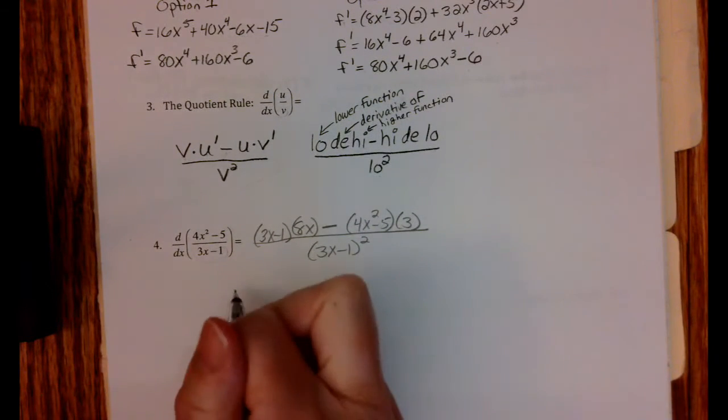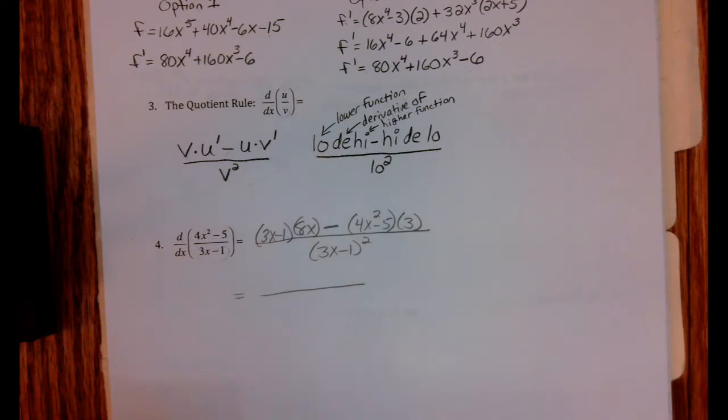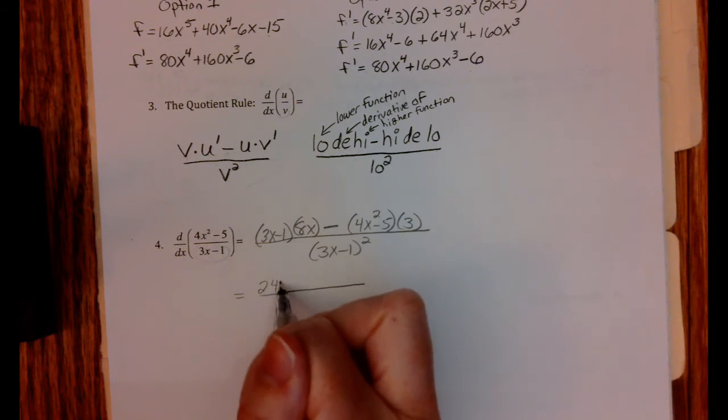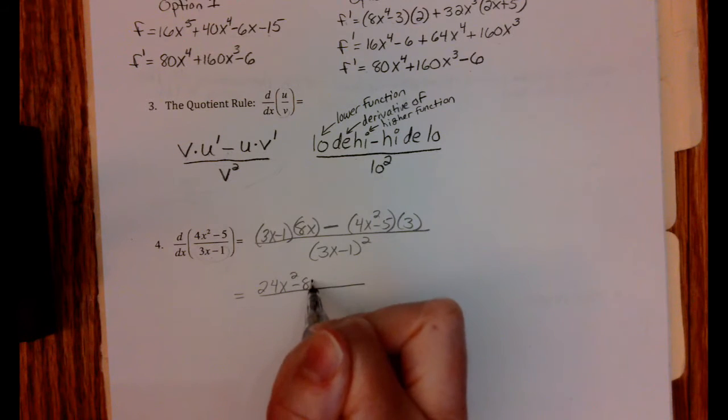For the simplification of these, we just focus on the numerator and simplify the numerator. Do not expand out the bottom. So we end up with 24x squared minus 8x.